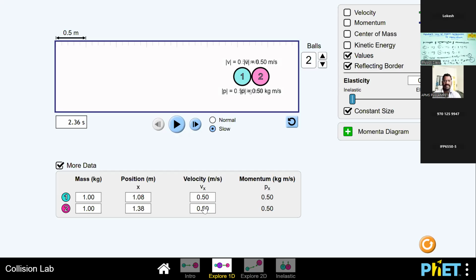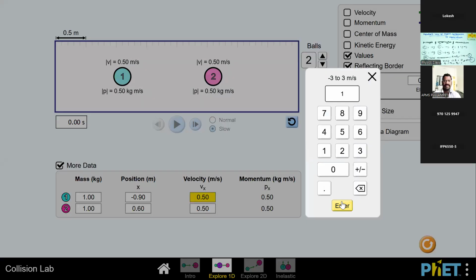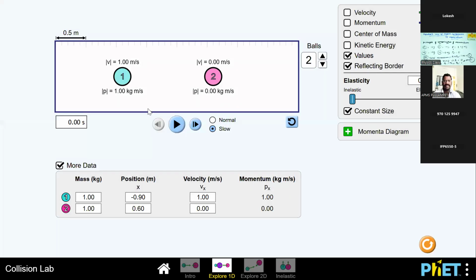So here, before the collision, object m1 is 1 kg, velocity 1, and object v2 is 0. Momentum of the first ball is 1 kg into 1 meter per second, which gives 1 kilogram meter per second.